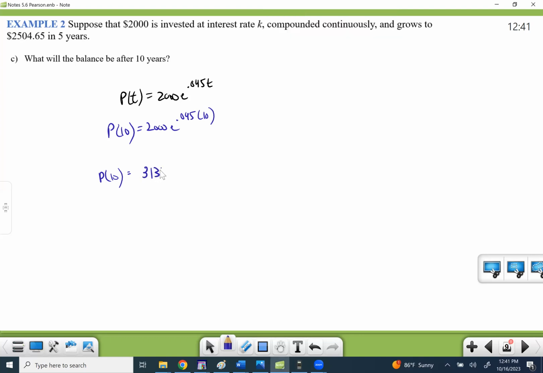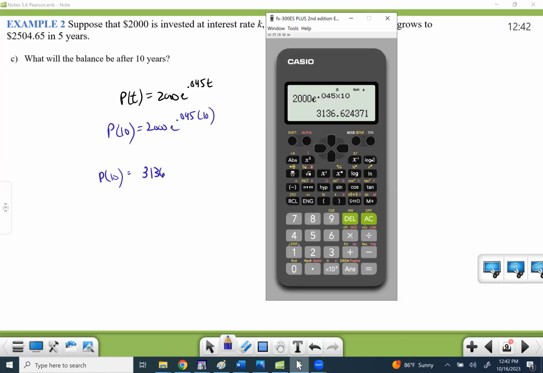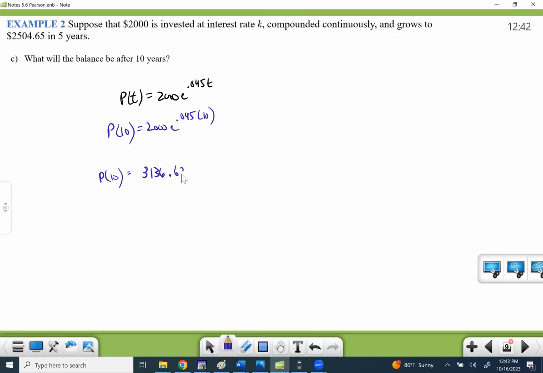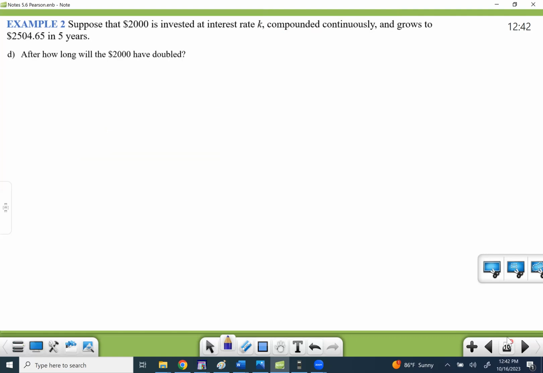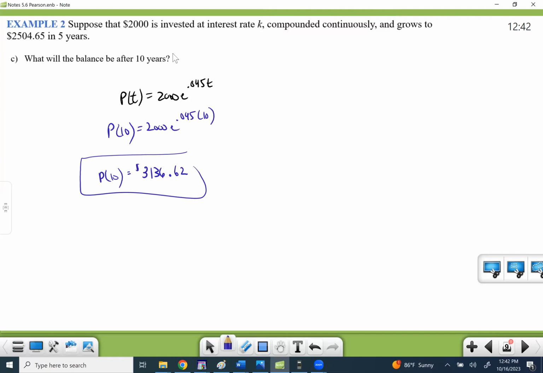All right, 3,136 dollars, let's go through the change. 62 cents. This 4 right here is going to keep it at 62 cents. So $3,136.62. There we go. That's how much we would make in 5 years. This is pretty good. Or no, I'm sorry, in 10 years. Sorry, guys. I was looking up here. In 10 years. Okay.